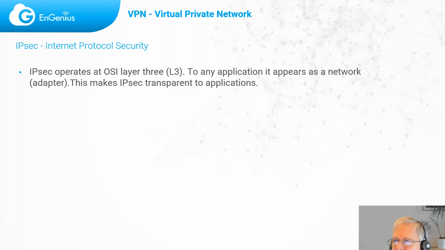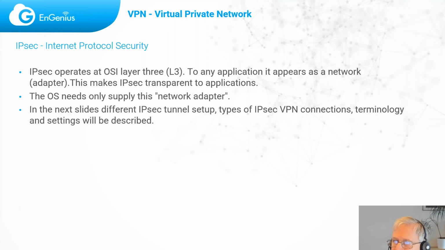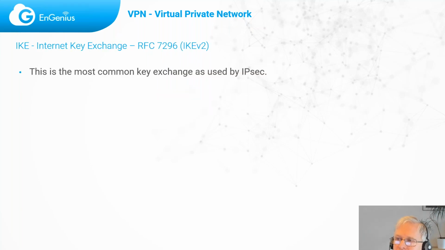So your computer doesn't really see that it is making a VPN. It's just another IP link that it has.